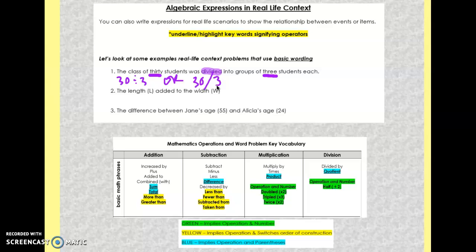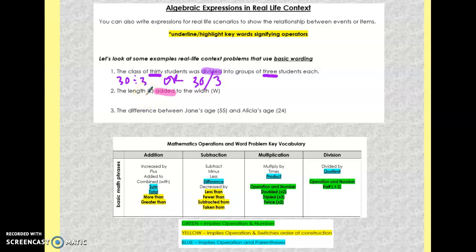All right, taking a look at number 2, the length L added to the width, which is W. So again, looking for keywords, it is laid out right here for us that we are going to add. And what 2 things am I going to add? Well, we're going to add the length, but we don't know the length, right?